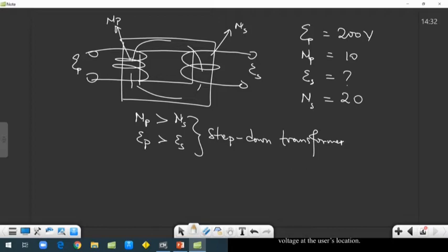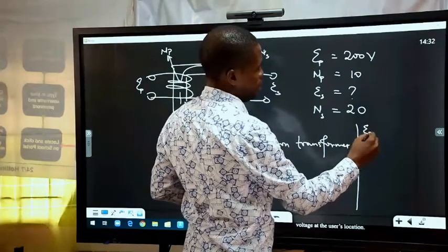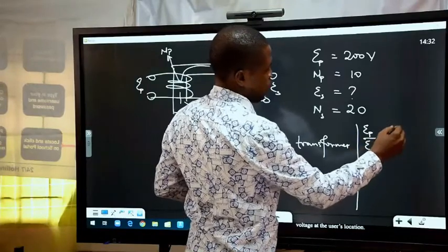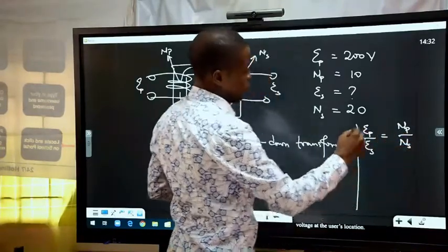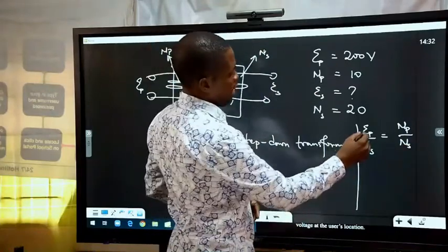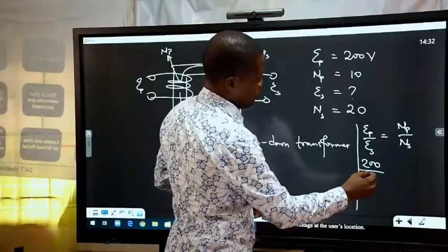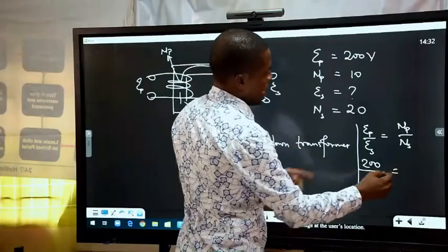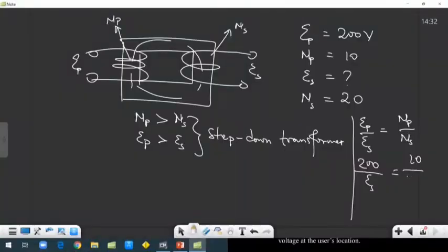So we apply the transformation ratio equation: EP over ES is equal to NP over NS. When we substitute these values, we have EP to be 200, ES unknown, NP is 10, and NS is 20.